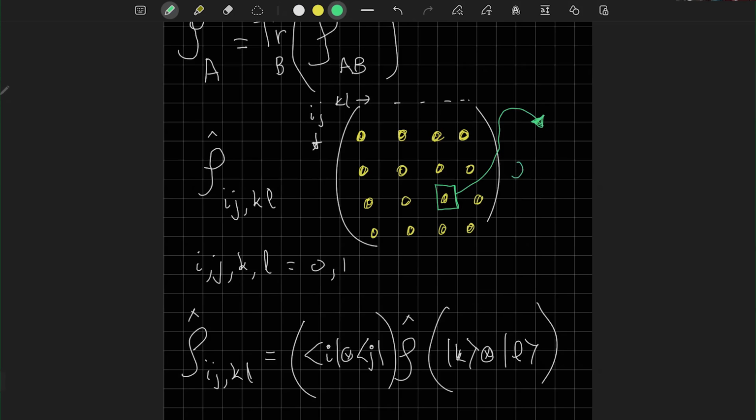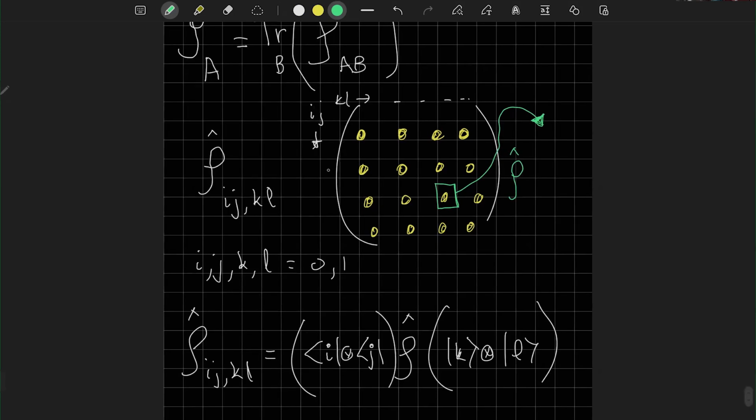If I look at the rows, it's 0, 0, 0, 1, 1, 0, 1, 0, and the column is also 0, 0, 0, 1, 1, 0. This is how I'm identifying the elements.